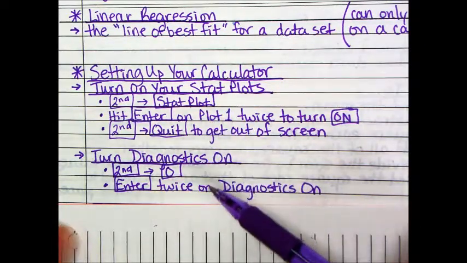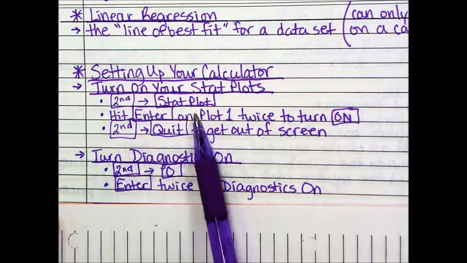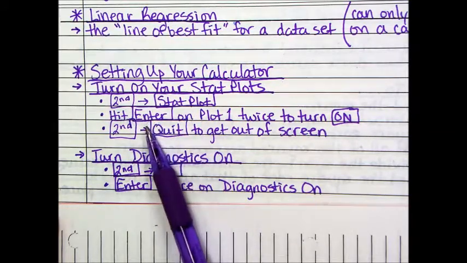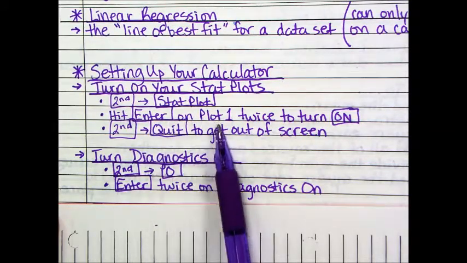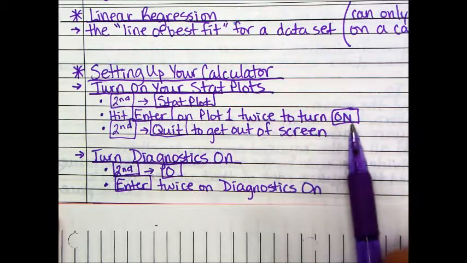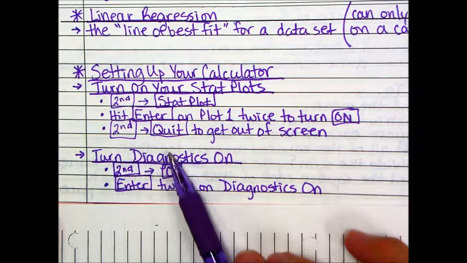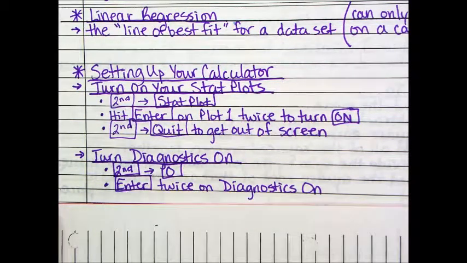I will get my calculator under the camera here and I will do every step with you on a problem in just a second. Second stat plot, you're going to hit enter while it's flashing on plot 1 twice to turn them on. And again, I will show you, just have it written down. And then you can just hit second quit to get out of that screen.